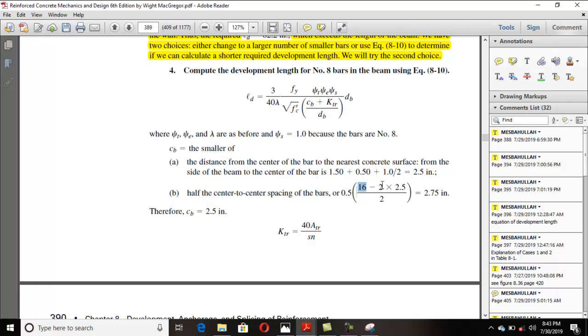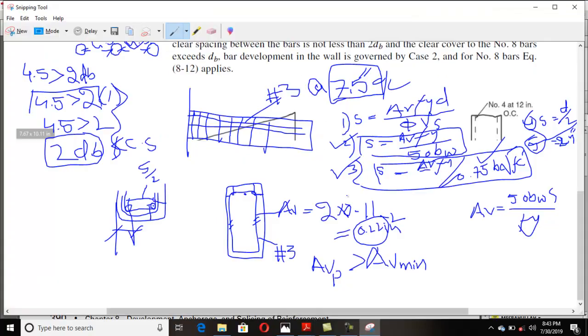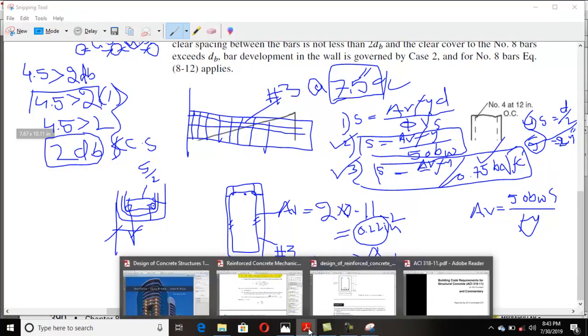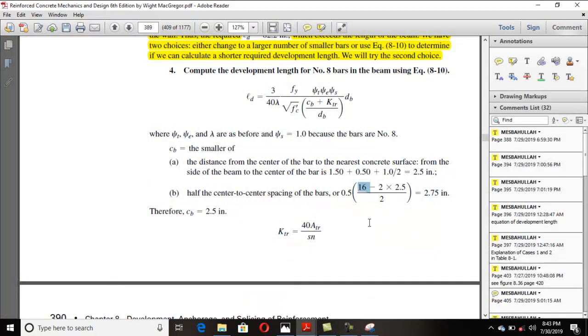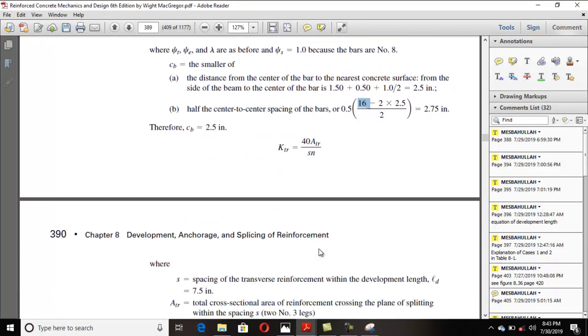You have 2 center to center spacings, no? 2.5 is the center to center spacing. So if you subtract 16 minus 2 multiplied by 2.5, basically what does it mean? This is a little bit tricky. You must get practice on it, because it is a little bit tricky.